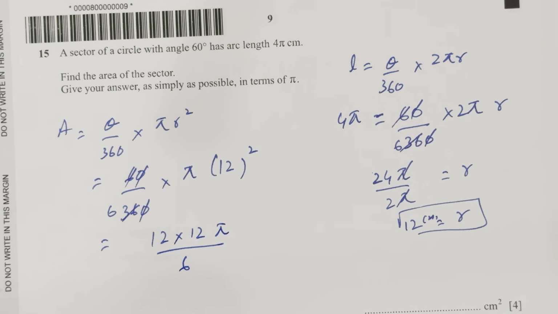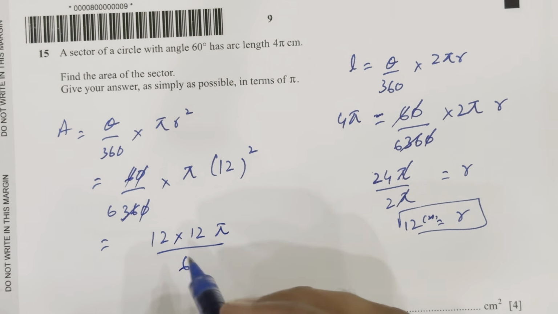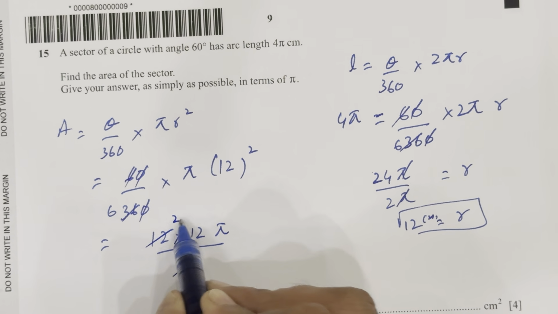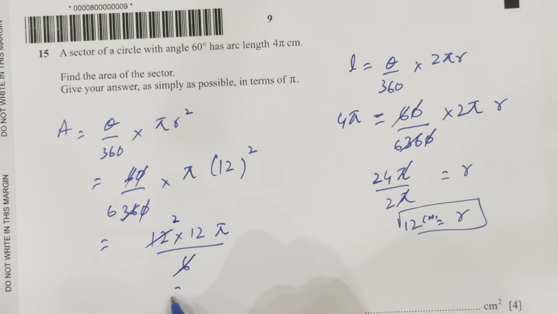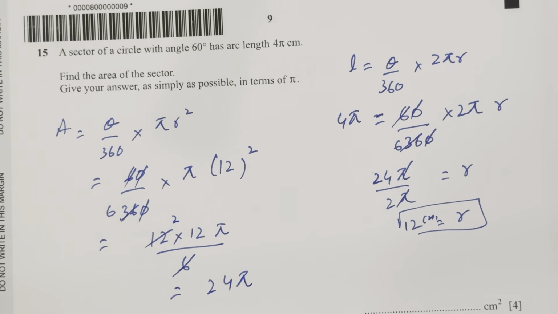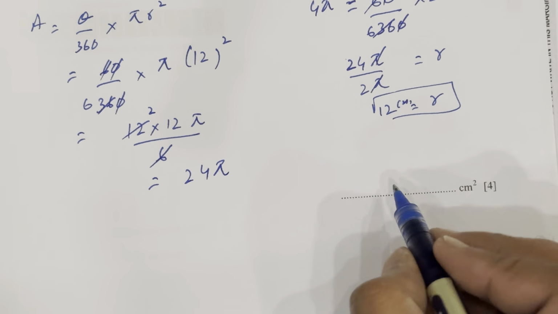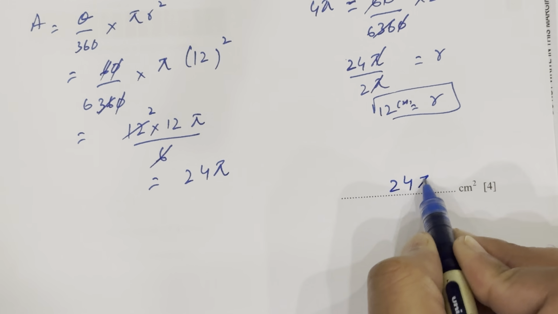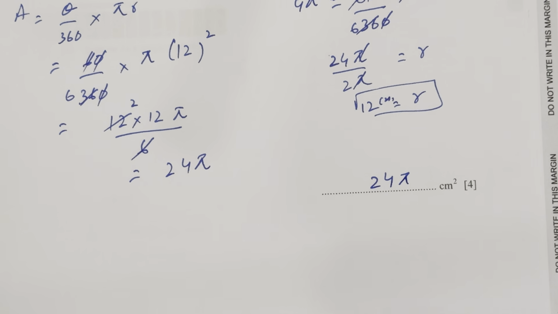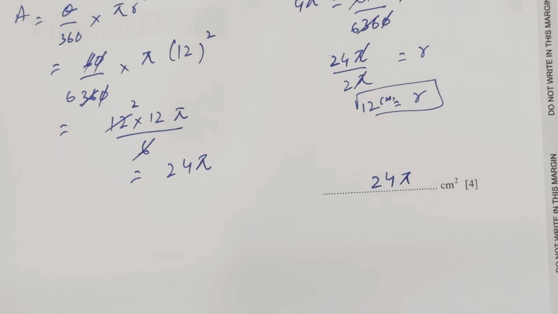I'm doing it like that so you don't need to worry if you are not allowed to use a calculator. 6 2s are 12, so our answer is 24 pi. Because we can give the answer in terms of pi, you don't need to write the value of pi. It is written in the instruction of the question. So 24 pi is our answer for the area of the sector.